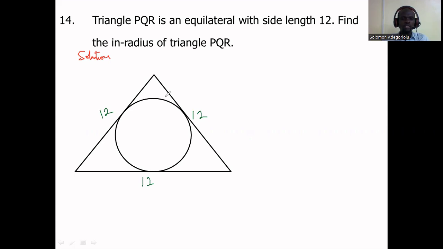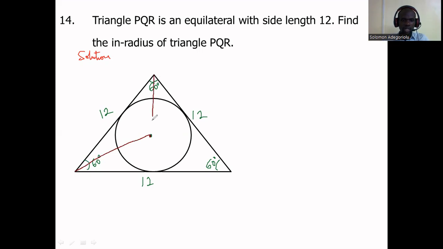And also one of the properties of an equilateral triangle is this angle is equal to 60 degrees, okay? This is also equal to 60 degrees. This is also 60 degrees, okay? Okay, I'm going to draw a line from here to the center.